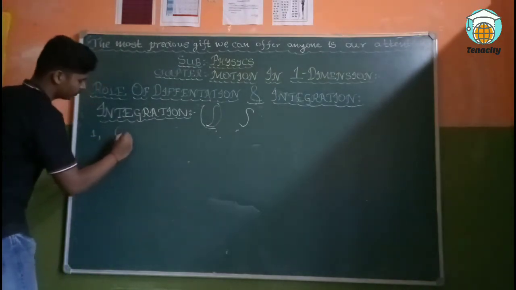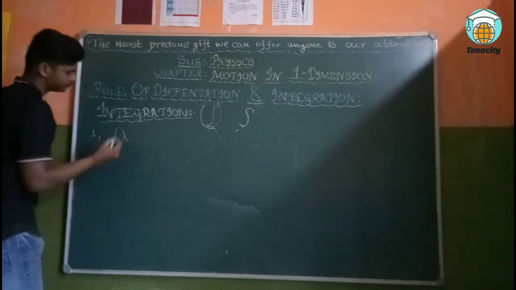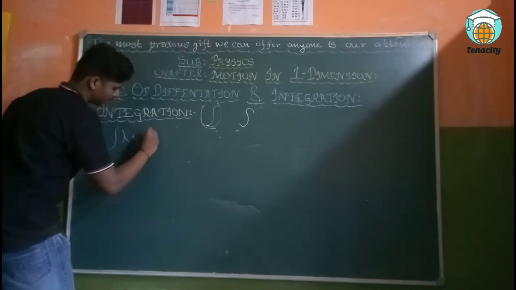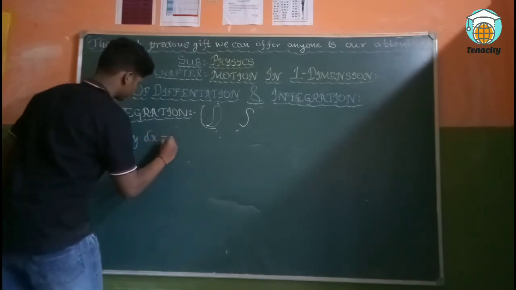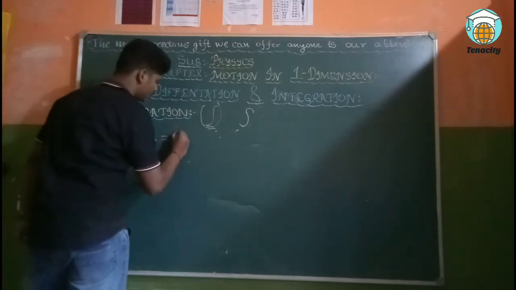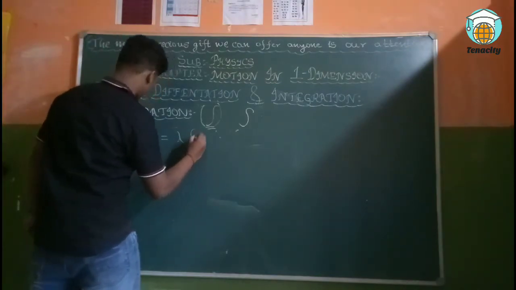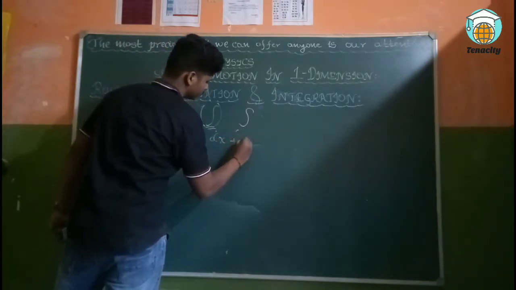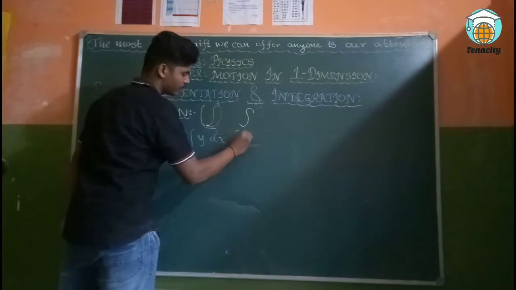So integration of lambda y dx is written as, the constant can be taken out, lambda into integration of y dx plus c. This is some constant.